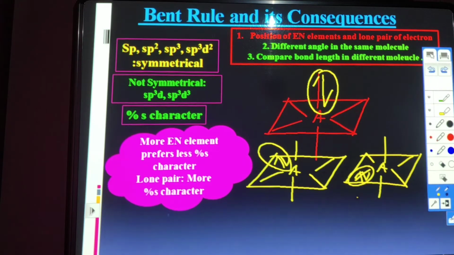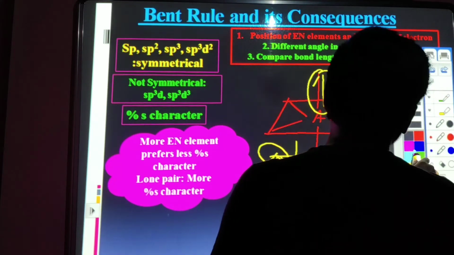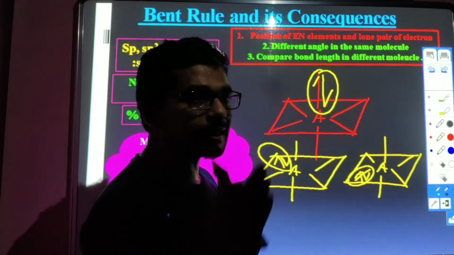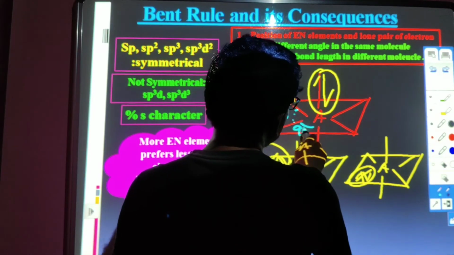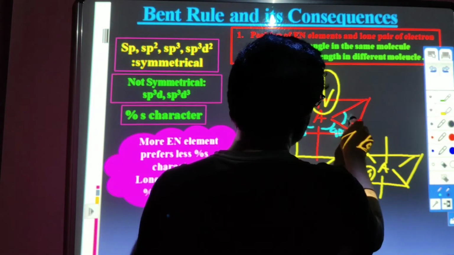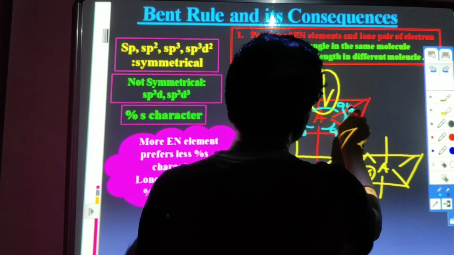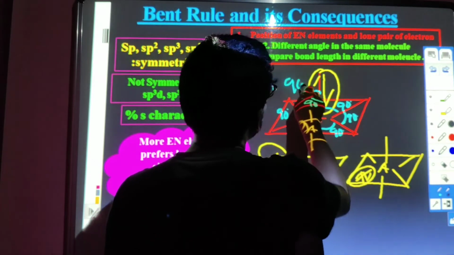Okay, no problem, because here all the bond angles are the same. This is 90. It won't create any problem. All the bond angles are the same, and this is also 90 degrees.